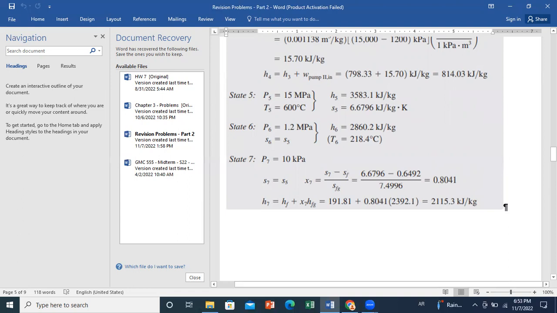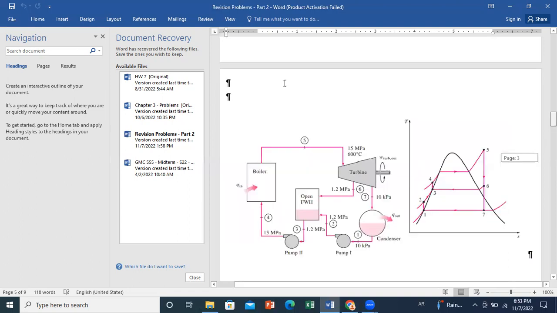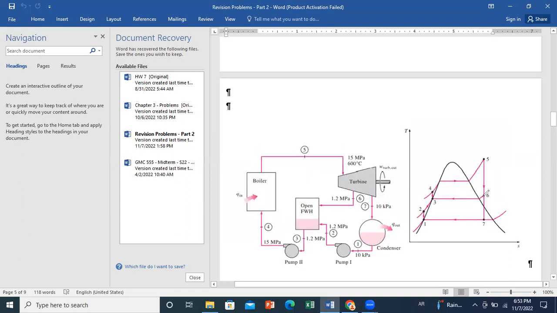As usual, you have two possibilities. In the conventional Rankine cycle, the point will always fall within the change of phase zone. We then need to determine for point 7 what is the fraction of vapor and what is the fraction of liquid.